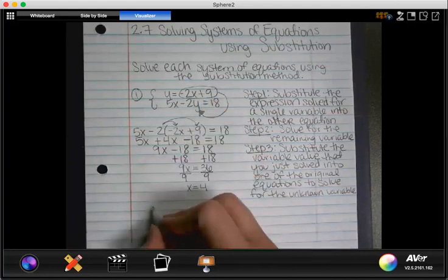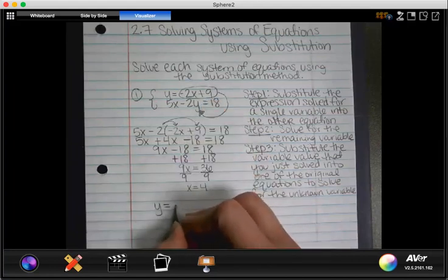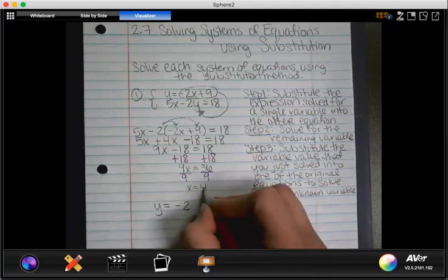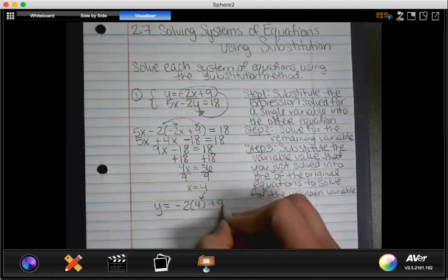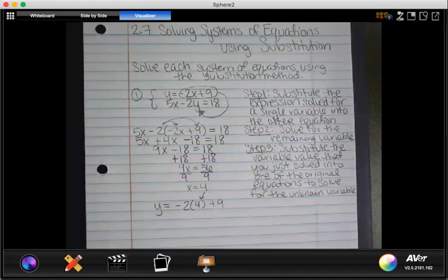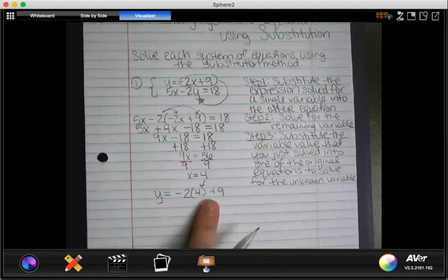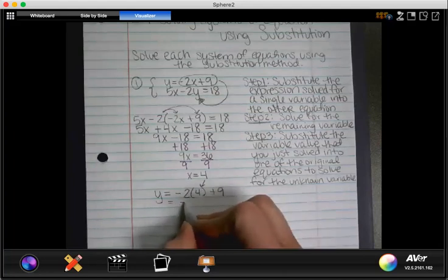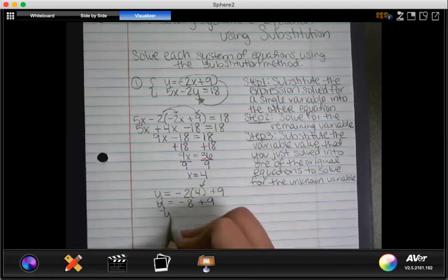So we're going to take y equals negative 2x plus 9, and substitute 4 for x. Negative 2 times 4 is negative 8, plus 9, and negative 8 plus 9 is 1. So y equals 1.